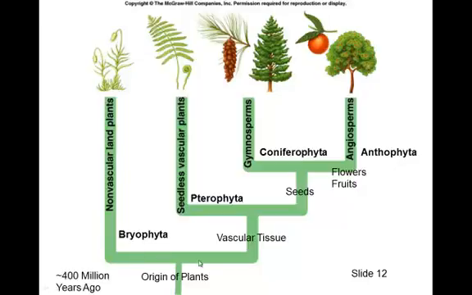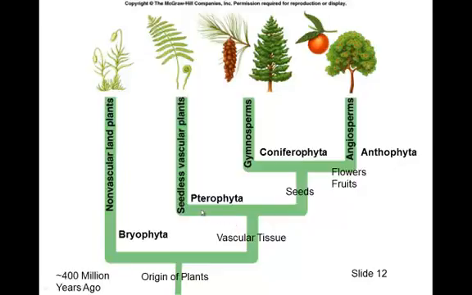And surviving from fairly far back in plant evolution are the bryophytes, and these are the non-vascular land plants. And then vascular tissues evolved, and the other three groups of plants all have vascular tissues. Remember, they consist of xylem and phloem.